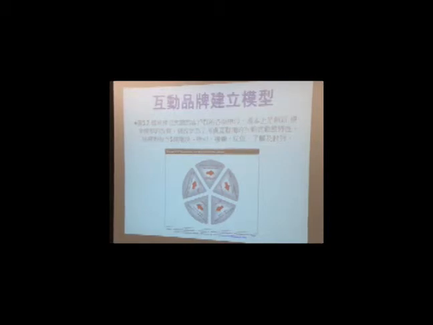Its first stage is attract. You've got to attract your potential shoppers. Second, to engage. Get them involved in the product. Get them to want to know more about the product. Retain. You've got to keep them there so that they can listen to your pitch, what it is that you're selling.